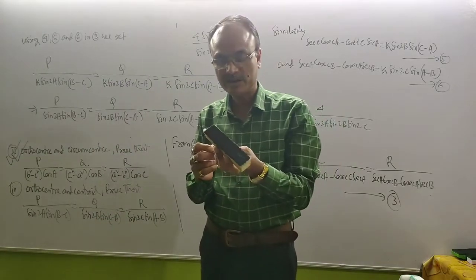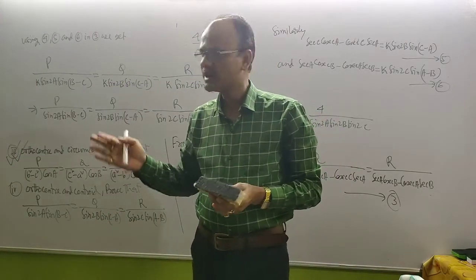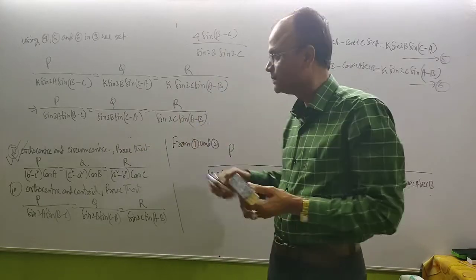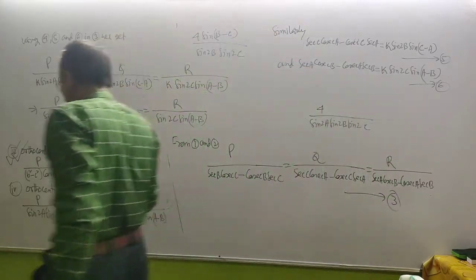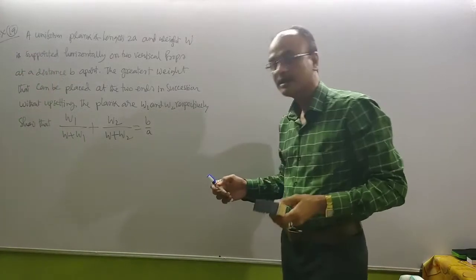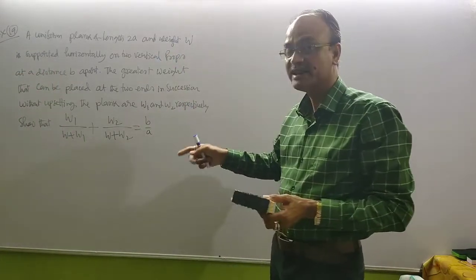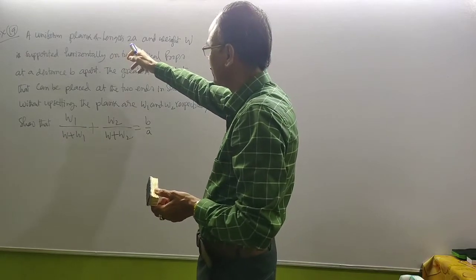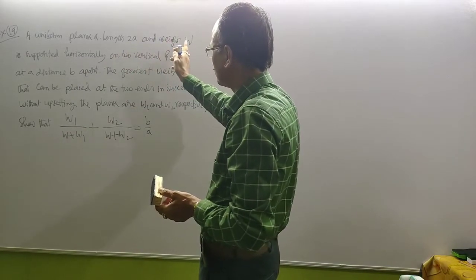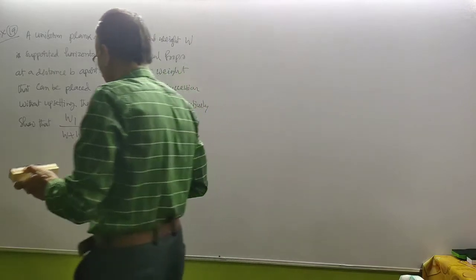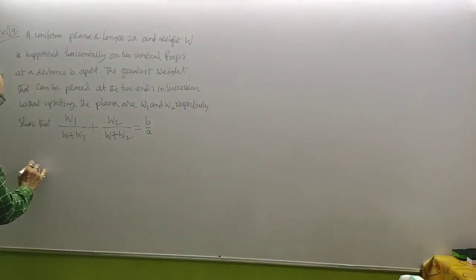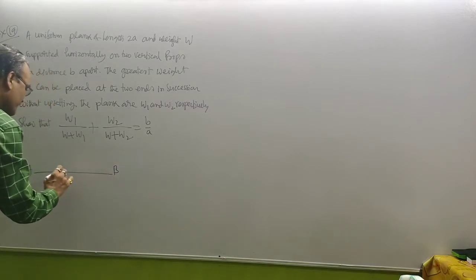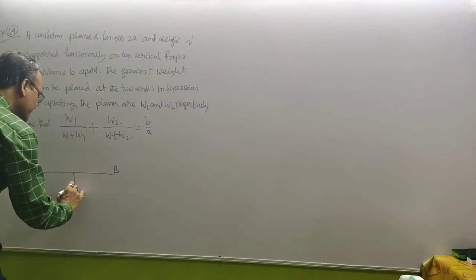Dear students, I will finish by solving one more problem. Let me first remove this, then let us try to solve this problem. What is it? A uniform plank of length 2a and weight W. Let me write it here. The figure: AB is the plank, G is the center of gravity.